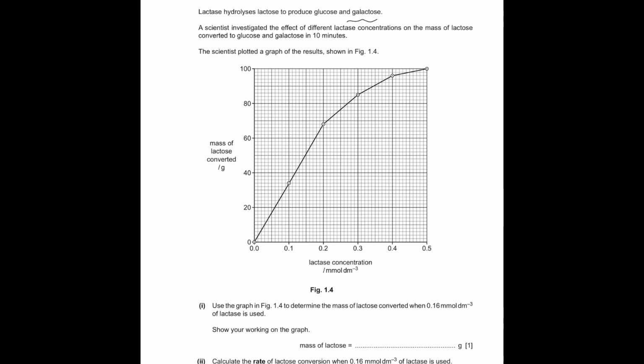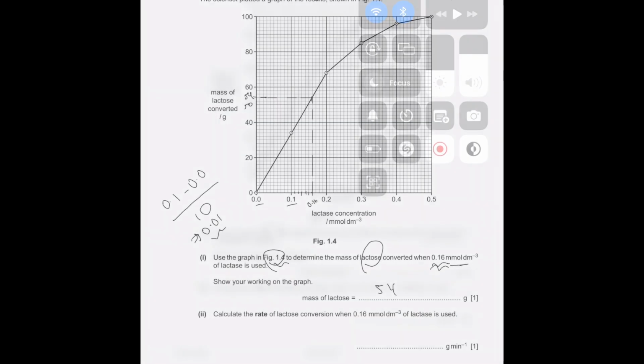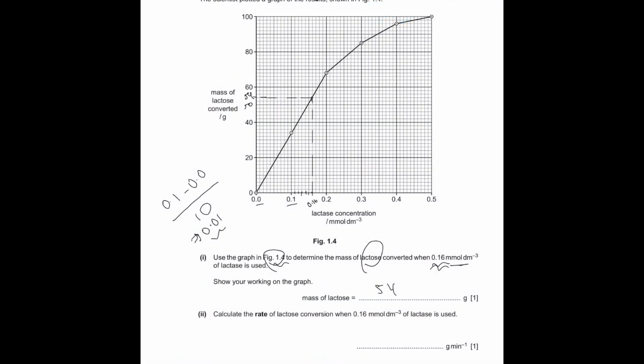A scientist investigated the effect of different lactase concentrations on the mass of lactose converted to glucose and galactose in 10 minutes. Okay, so it says use the graph in figure 1.4 to determine the mass of lactose converted when 0.16 is used.